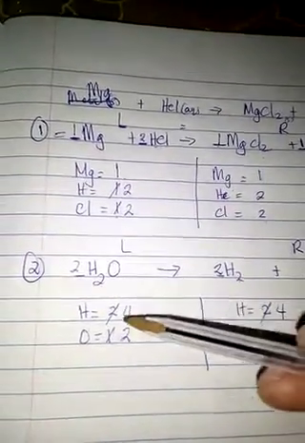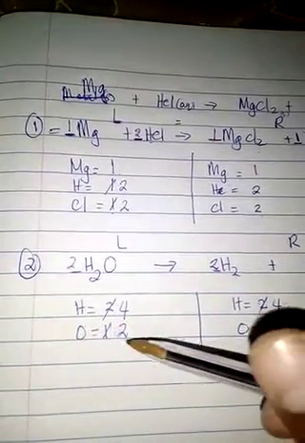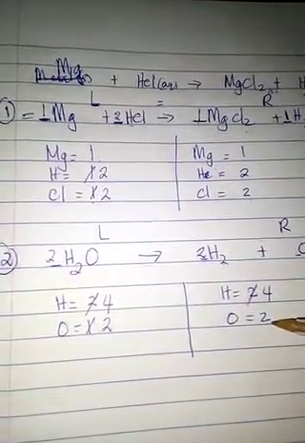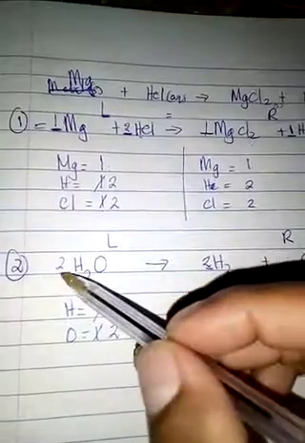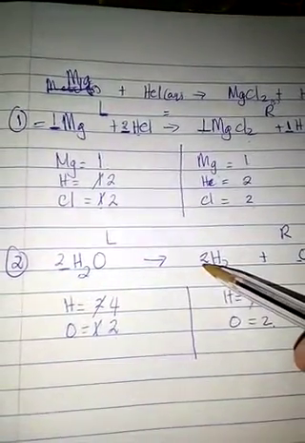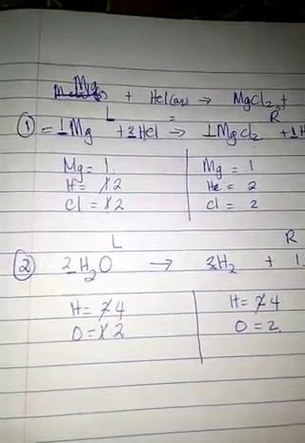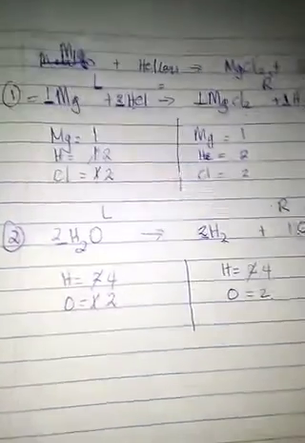So on the left we have 4 hydrogen, on the right 4 hydrogen. On your left 2 oxygen, on your right 2 oxygen. That's perfect. So for the other molecule, we have 2 here, we have 2 here, and then we add 1, because 1 times 2 gives you 2. Perfect.